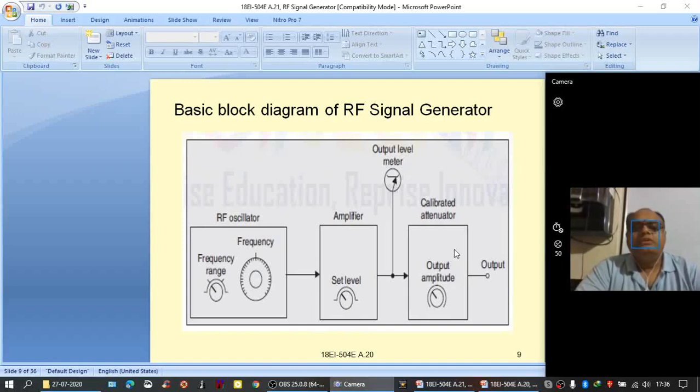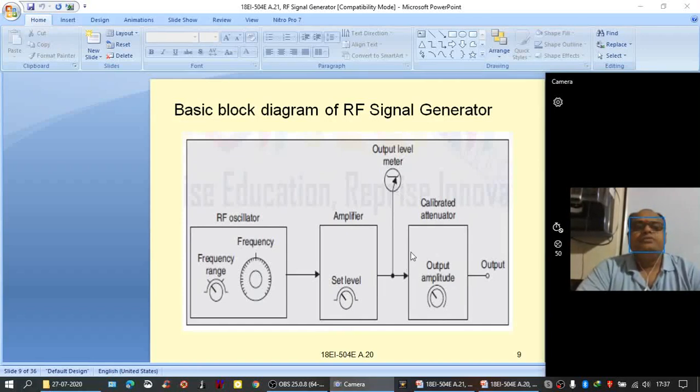So in that case, suppose the range switch of the calibrated attenuator is selected to be in the position of 0.1 millivolts, then we have to see that the amplitude level of this signal is 0.1 millivolt to 1 millivolt.